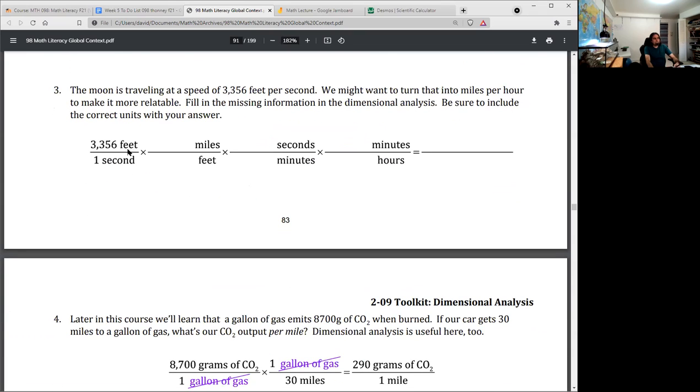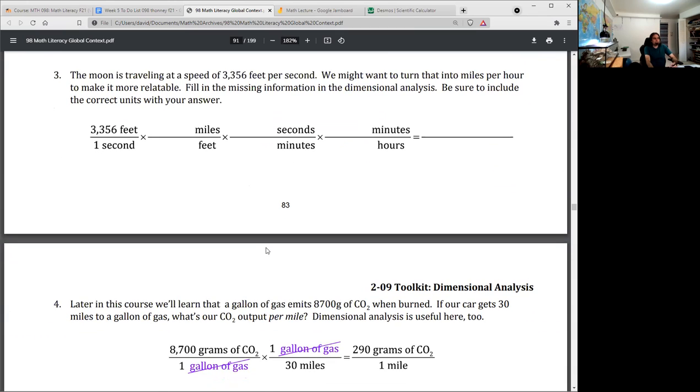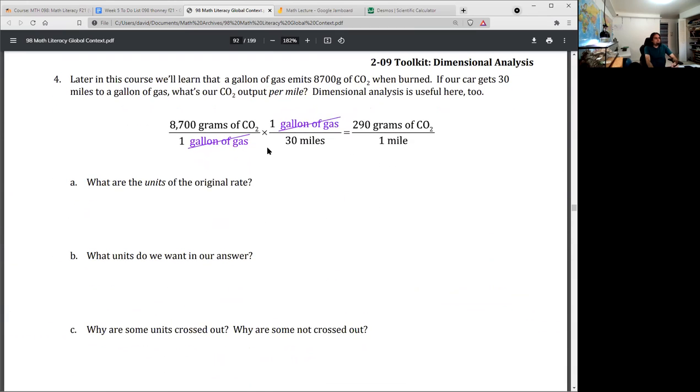But here we go. Then they give you another one. The moon is traveling at 3,356 feet per second. Let's change it to miles an hour because that's what we normally think about with cars and driving. So could you fill in all of the different things? They're not asking you to solve them yet. They're just asking you to fill in the conversion factors. Then they do another one.